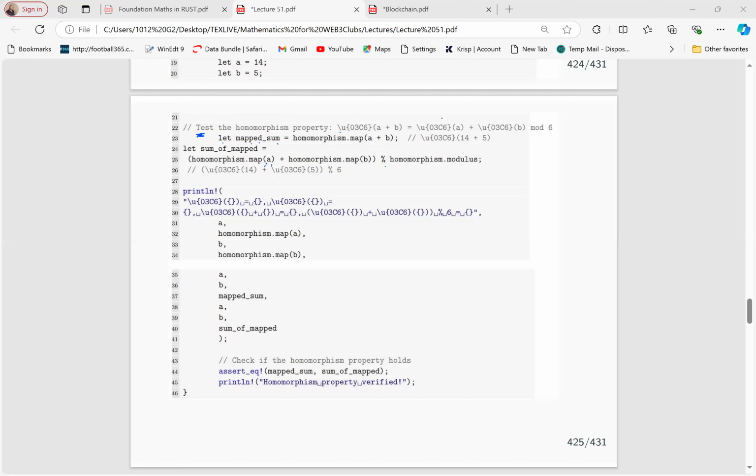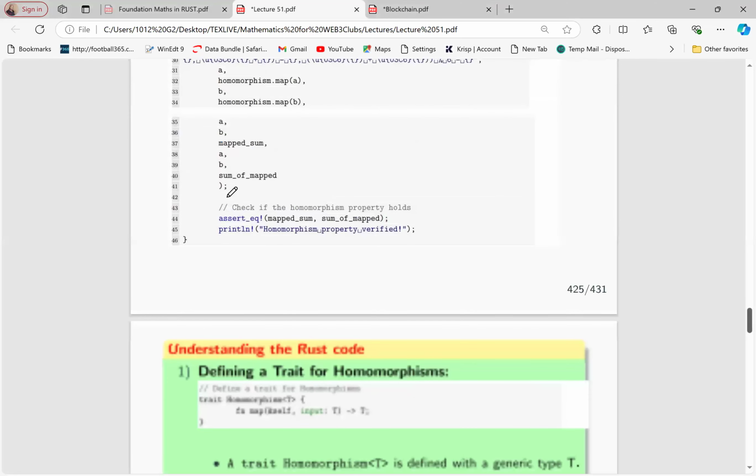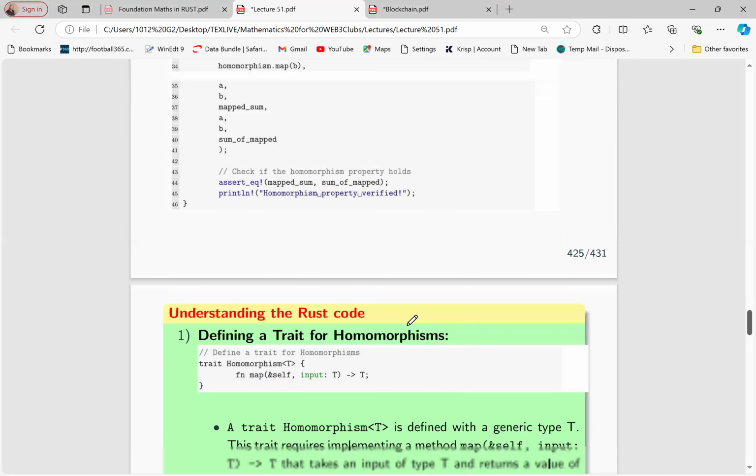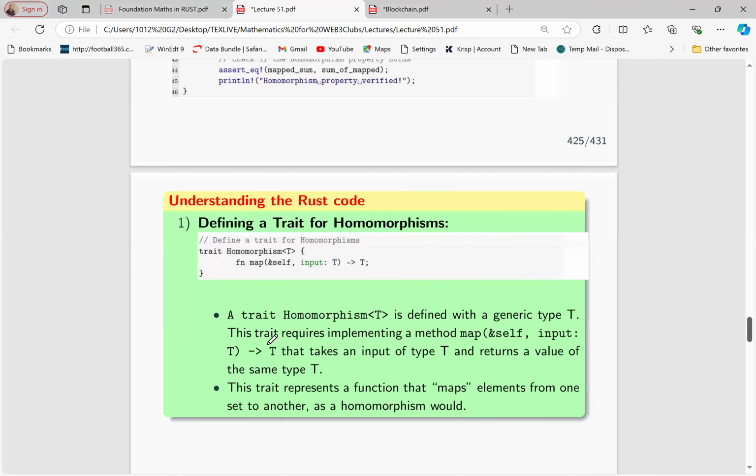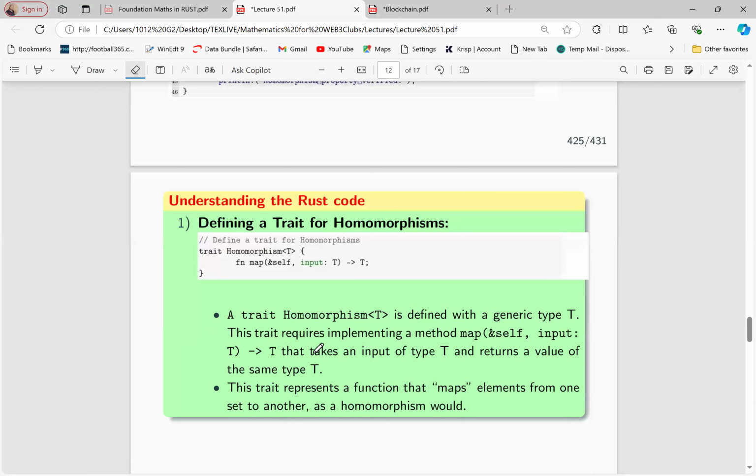This part defines the trait. A trait T defines the generic T. This trait requires implementing a method, self-input T. So this will be taking an input T and returning a value the same as T. That's what it means by self-input T to itself.